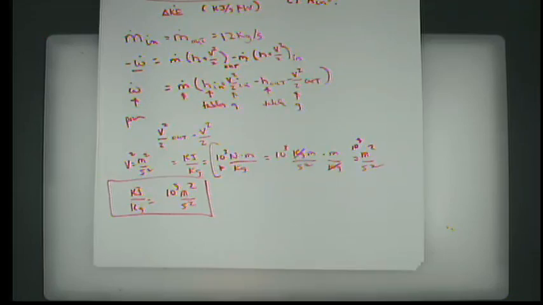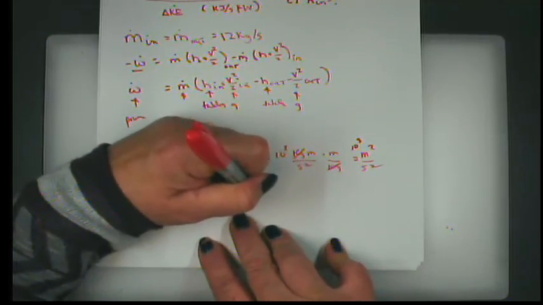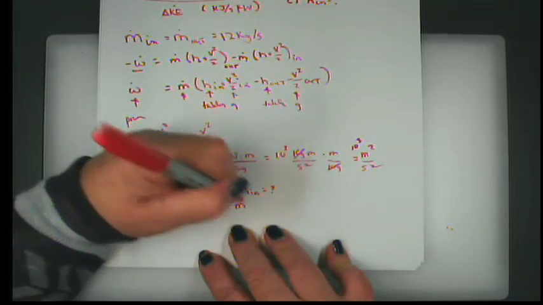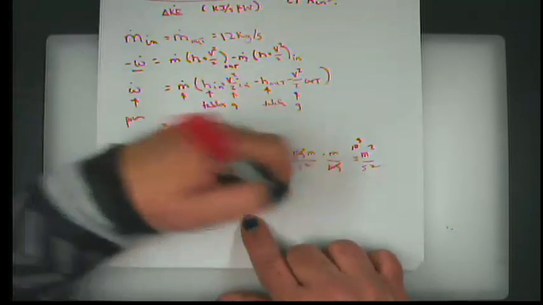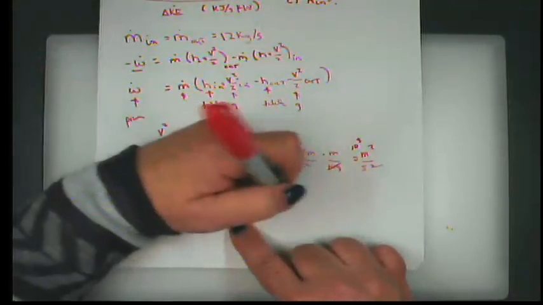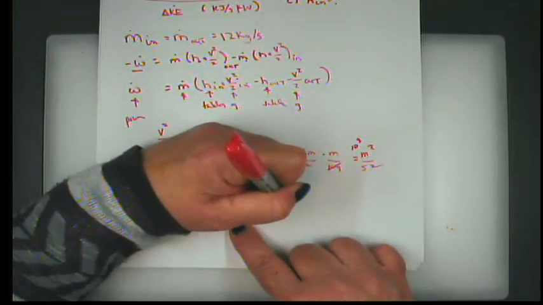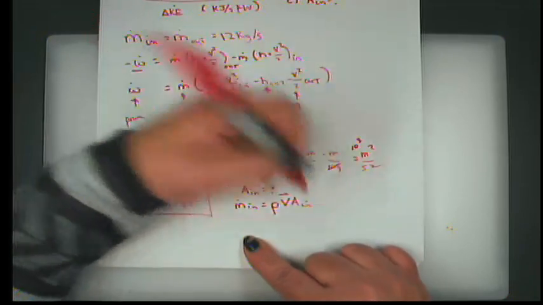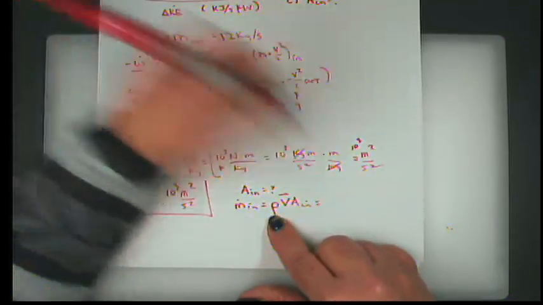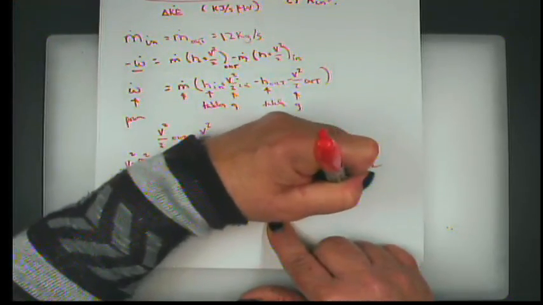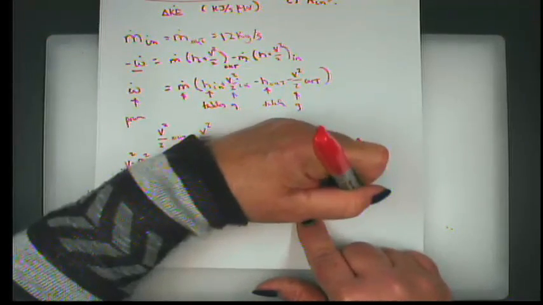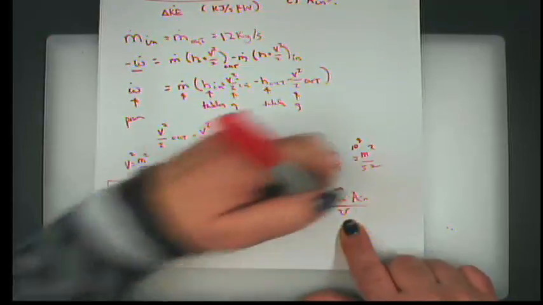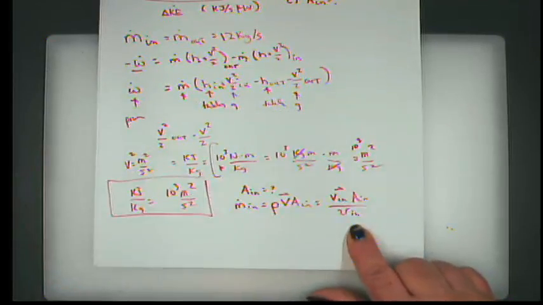All right, let's talk about the area on the inlet. All right, what do we know? We know that the mass flow rate on the inlet is equal to something. And we also know that that's equal to rho V, velocity, times the area on the inlet, which, because we have tabulated data, we can say V on the inlet times the area on the inlet divided by the specific volume at the inlet conditions.